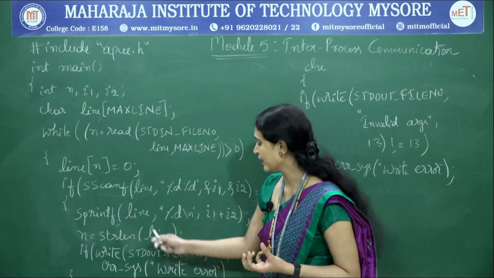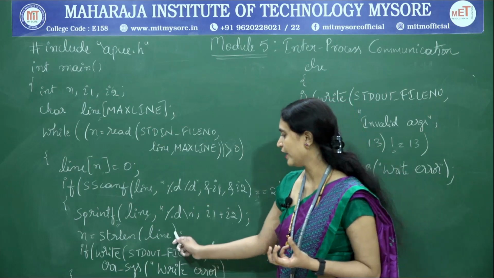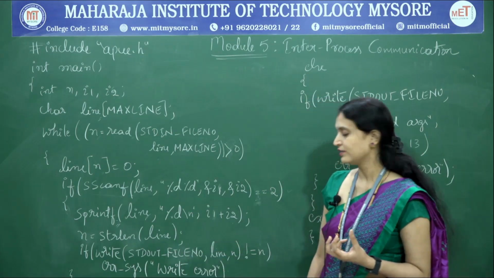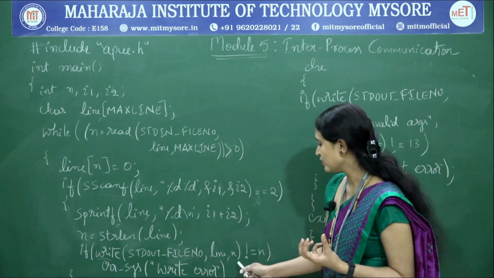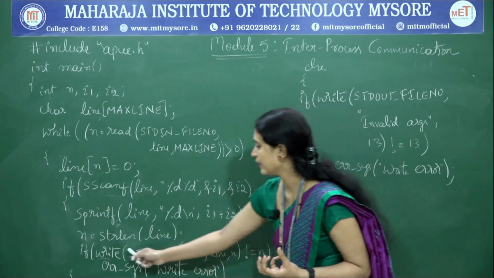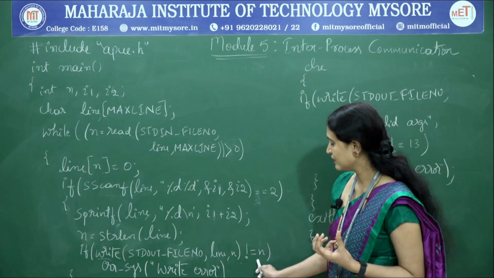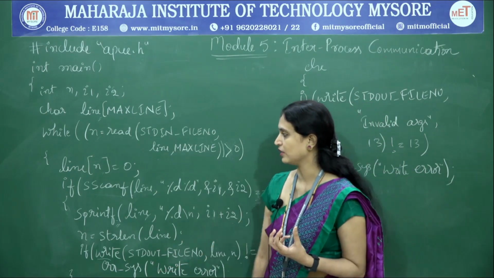Now we are checking the string length of line. Next, we have to write this into standard output, so we are invoking the write system call and ensuring with a logical condition whether it is executed successfully or not. If it is not, we are printing the error message.